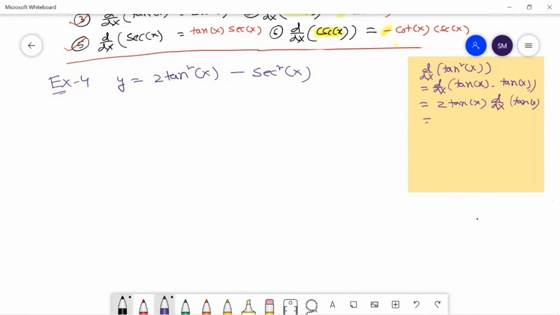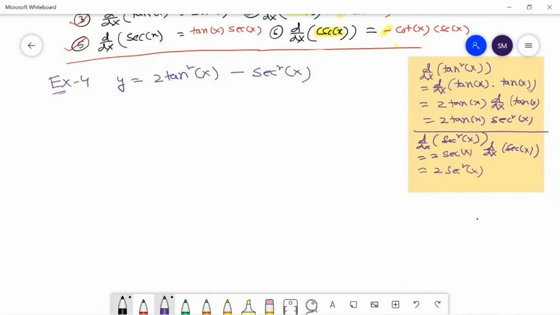The derivative of tan x is secant square x, so therefore we get 2 tan x multiplied by secant square x. In the same way, the derivative of secant square x will be 2 secant x times the derivative of secant x. Now the derivative of secant x is secant x tan x, so we will get 2 secant square x tan x.